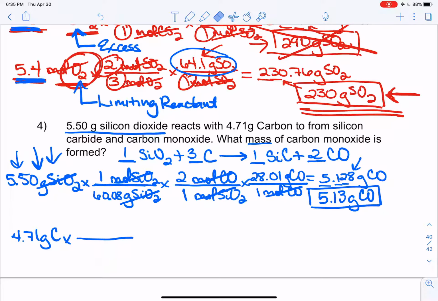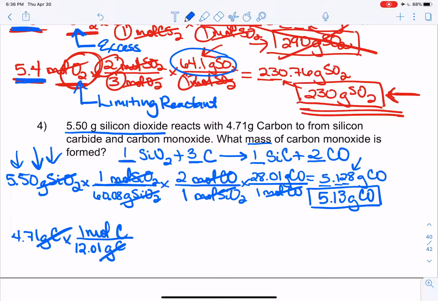Let me move it over a little bit so I have some more room. Grams of carbon. And 1 mole of carbon up there. Okay, so how many grams of carbon per every mole of carbon? Where do you find that? Well, you find it right off the periodic table. The periodic table will tell you that if you've got a mole of carbon, on average, you've got 12.01 grams.